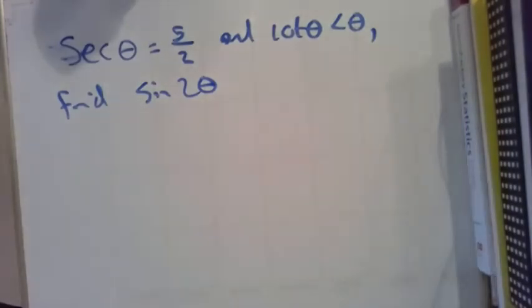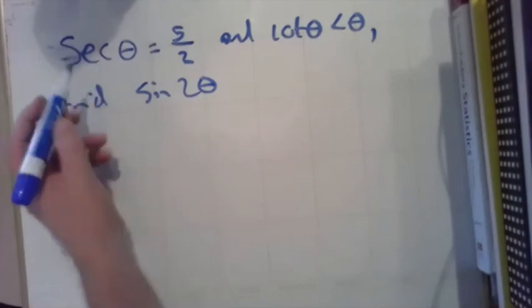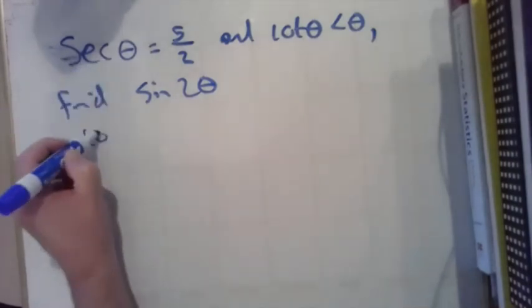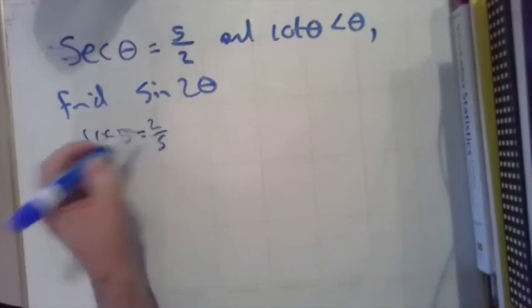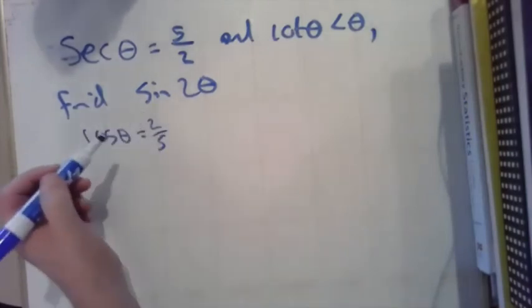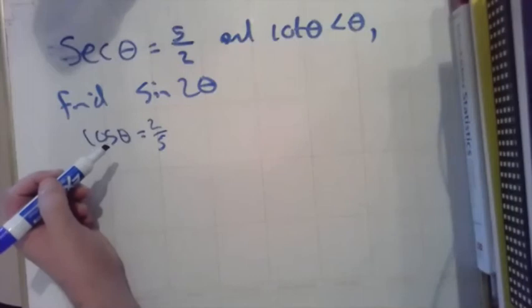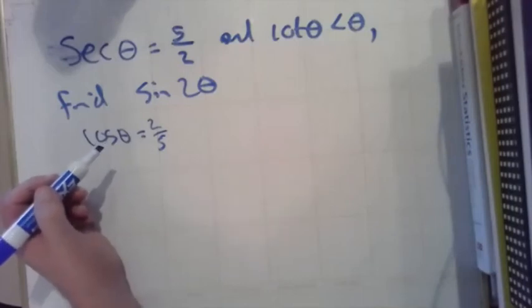So the first thing we've got to do is find our quadrant. Remember, secant is just 1 over cosine. So cosine must be 2/5. So I've got a positive cosine. Cotangent and tangent always have the same sign. They're either both positive or both negative.